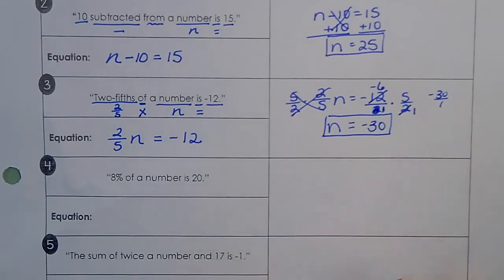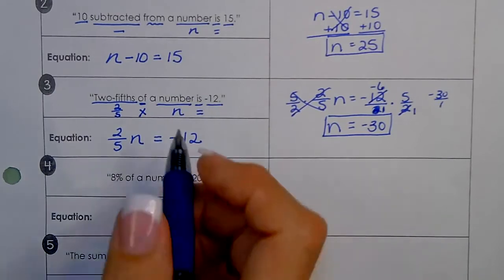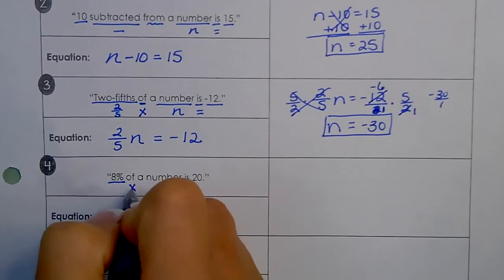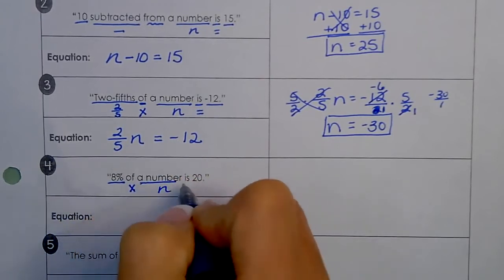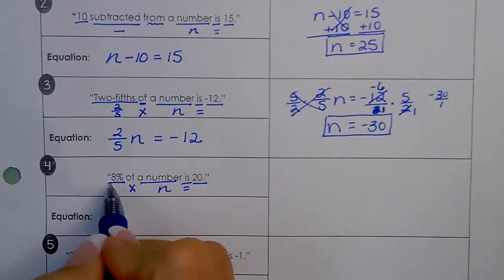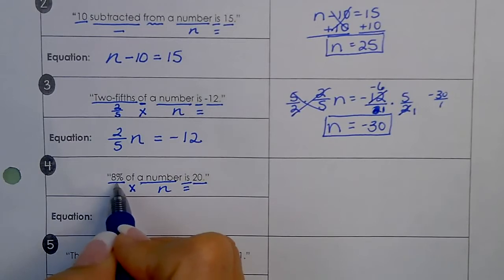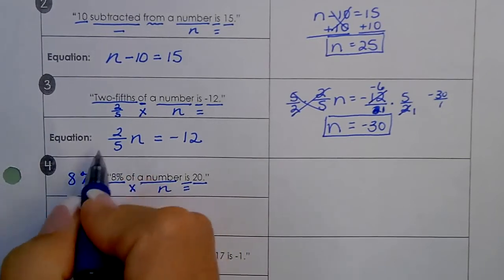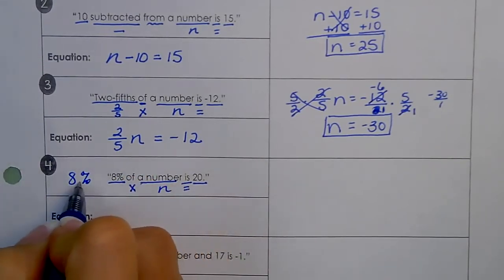Number 4, 8% of a number is 20. When we're translating, we need to make 8% a decimal. So if you remember, 8%, to move it to a decimal, right here is where my decimal would be.